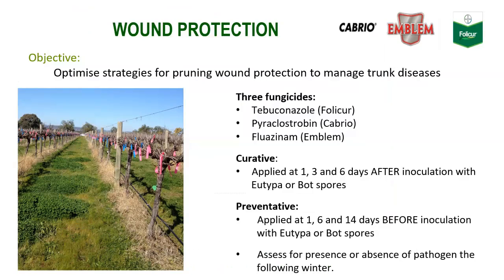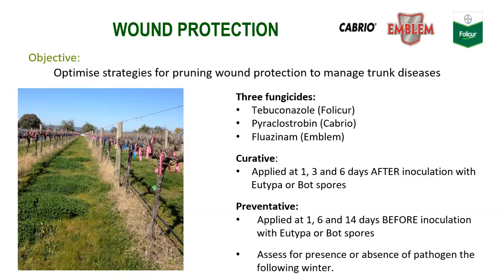So therefore, there's also a need for us to look at pruning wound protection to make sure that those pruning wounds can be protected during the first 2 weeks when they're most susceptible to the spores. So we looked at 3 different products that are commercially available for viticulture here in Australia.